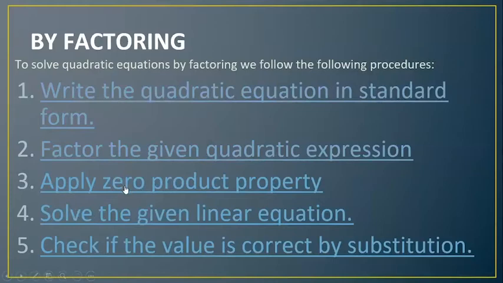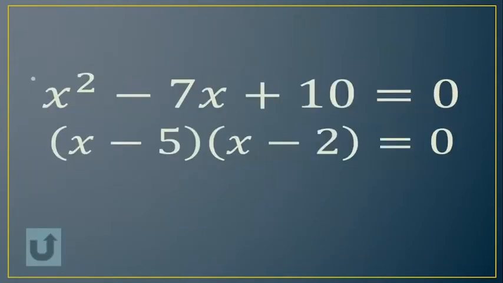Once we have the factors, we apply the zero product property. We equate both factors to 0, because if one factor is 0, the product is also 0. So either one of them is 0 or both are 0.